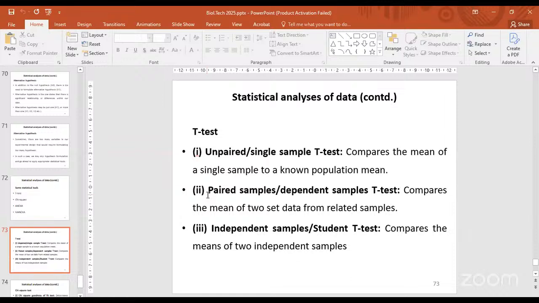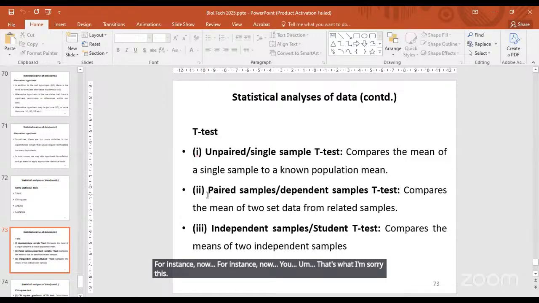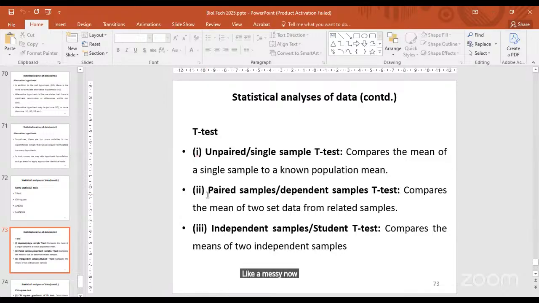Two, the paired sample t-test. This compares two related samples. For instance, in some studies like in medicine, they may administer some drugs.